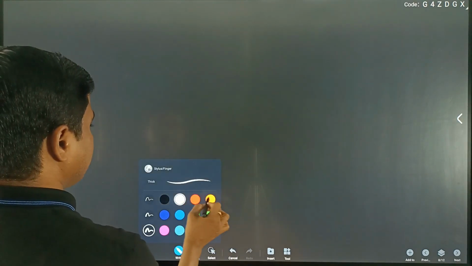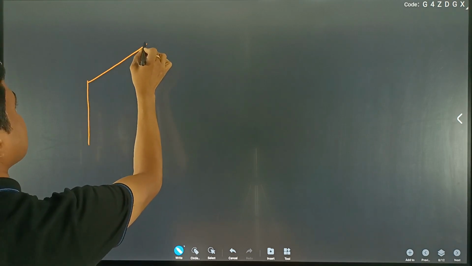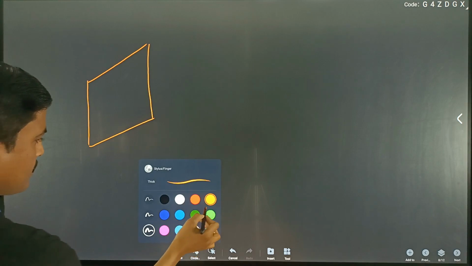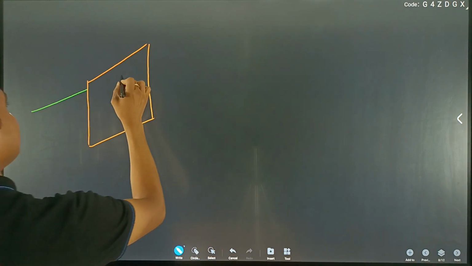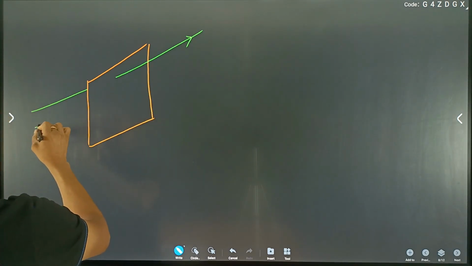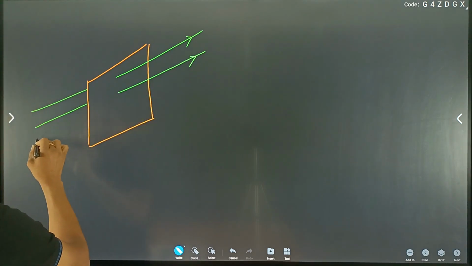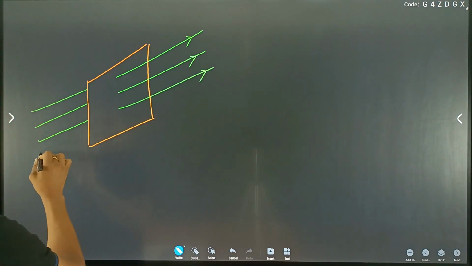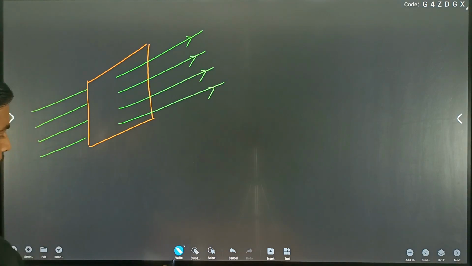Suppose we take a small area element just like this, and we draw the electric field lines. These are the electric field lines passing through the small area element, not perpendicularly, not normally. They make some angle theta.